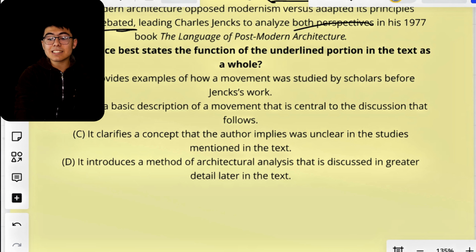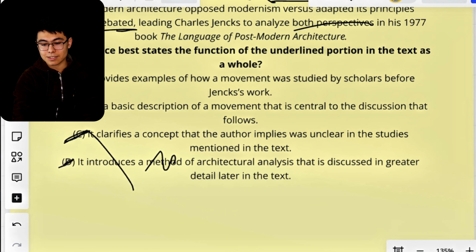Well, the passage doesn't say that postmodernism was unclear or misunderstood, so we can eliminate choice C. Choice D, it introduces a method of architectural analysis that is discussed in greater detail later in the text. The underlined part defines a movement. It doesn't talk about a method. That's why choice D is also wrong, and the best choice here is choice B.